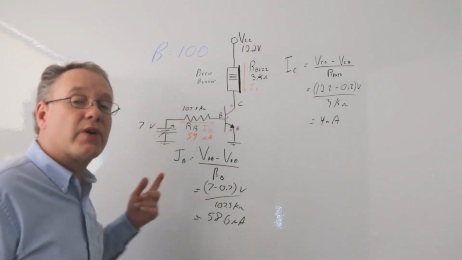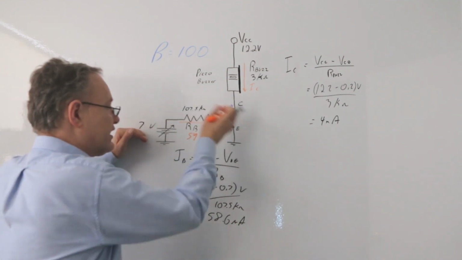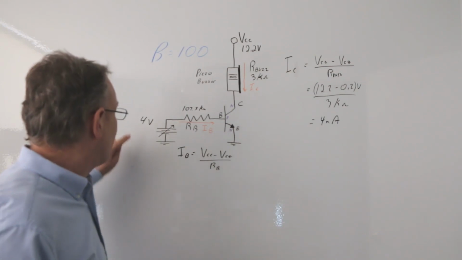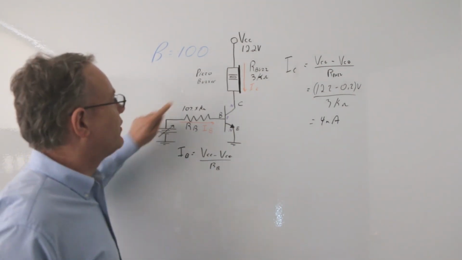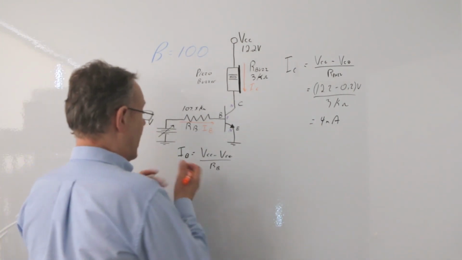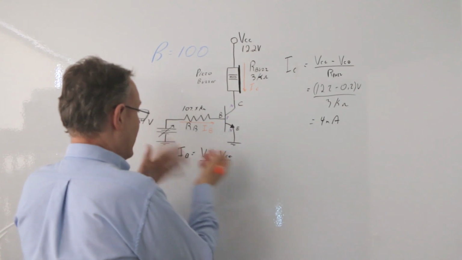Now, what we're going to do is decrease the voltage from 5, where we saw that it did saturate, down to 4. And then we'll see what happens. Now that we have 4 volts here, let's see how that affects what's happening with the buzzer. To do that, I'm going to find out how much current is going to be produced if I put 4 volts there. That's my formula.